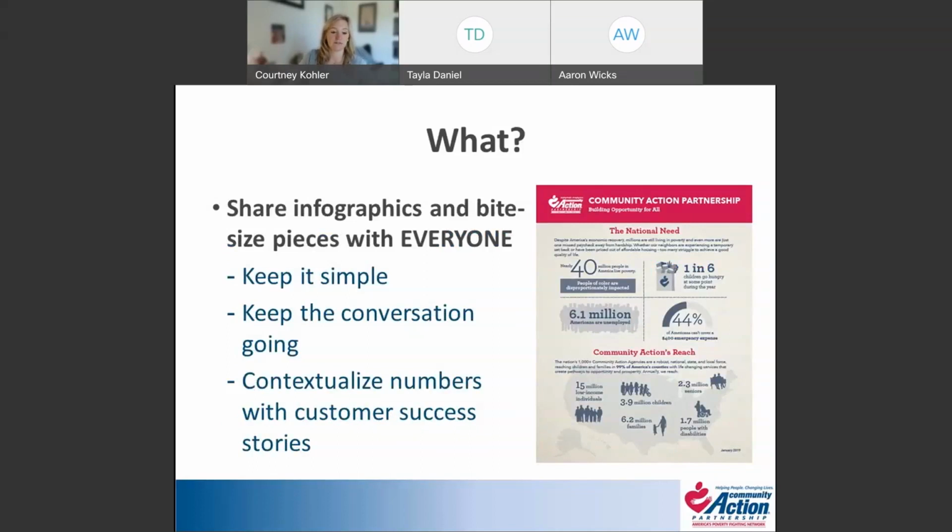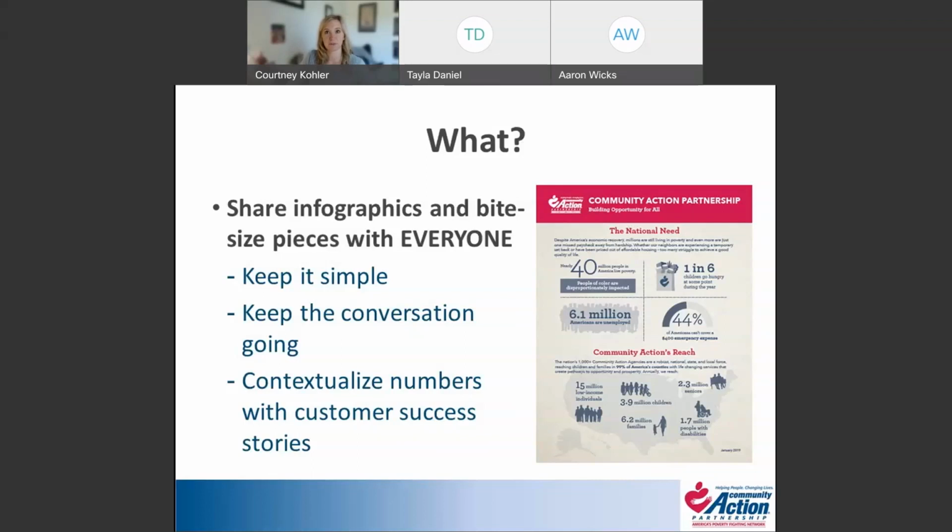We live in a very information-heavy world. I mean, there is information and data and everything coming at us from all different angles, from all different formats. And so to get attention, it's going to have to be simple. It's going to have to keep the conversation going. And you want to provide the context.